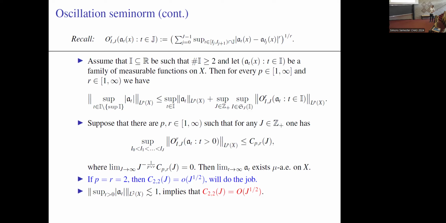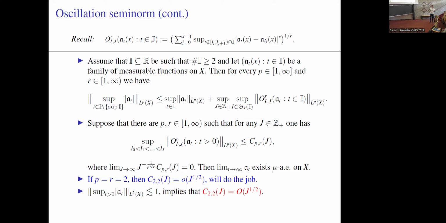This says that the maximal operator, here we need to exclude the supremum of I, and this is connected with the fact that we have right-open intervals in the definition, but this is not important in applications. So here we have a supremum over L^p norms of the sequence.